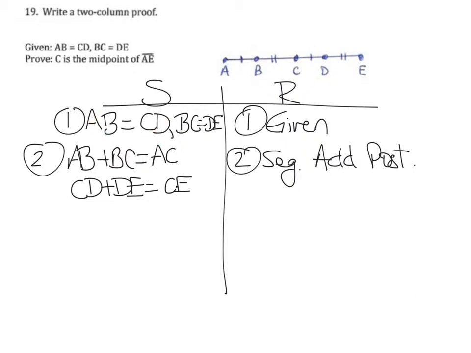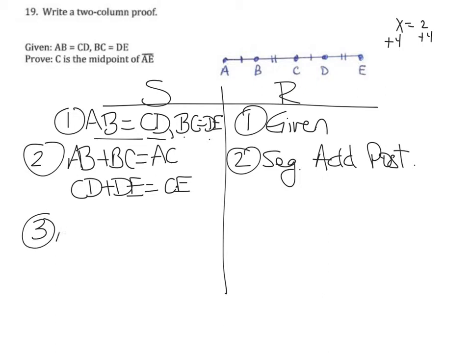So if I have AB and CD, I can add anything I want to both sides. It's like saying, I'm just making this up, but you could have x equals 2. I could add 4 to the left side, I could add 4 to the right side, as long as both things are equal. The same thing is true with AB and CD. I could add BC and DE to both sides because they're equal.